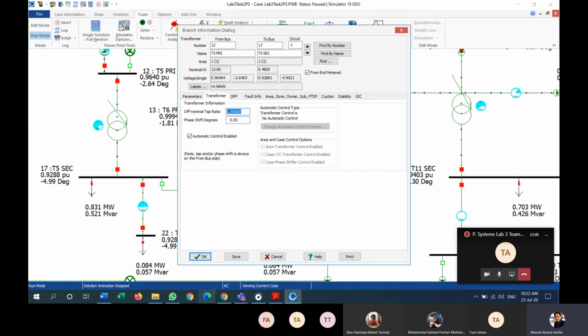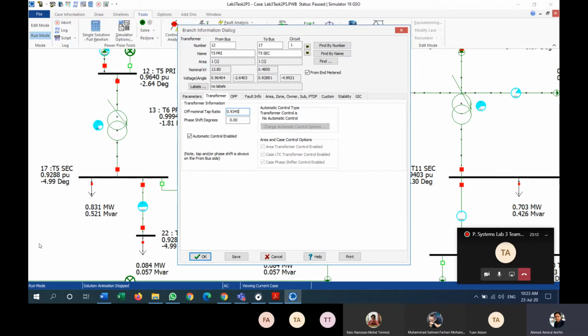So I am now decreasing one tap: 1 minus 0.0625, which is 0.9375. So this value, by decreasing one tap, is 0.9375.